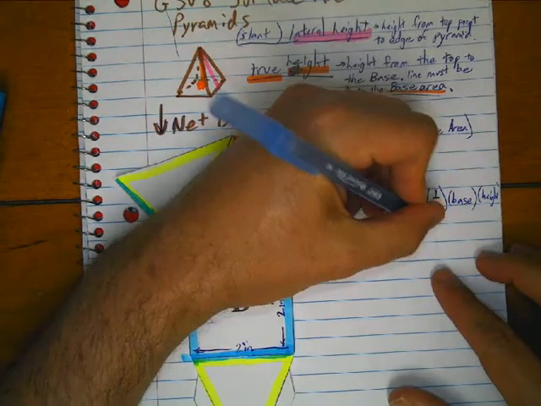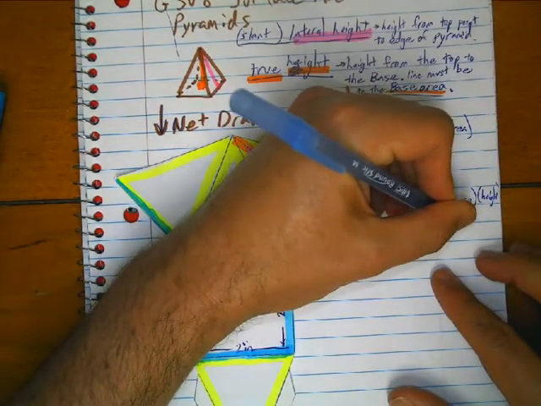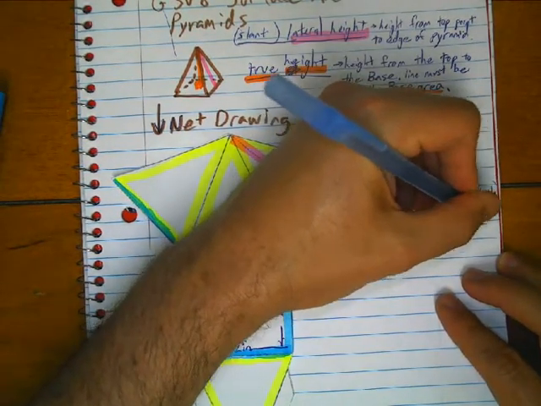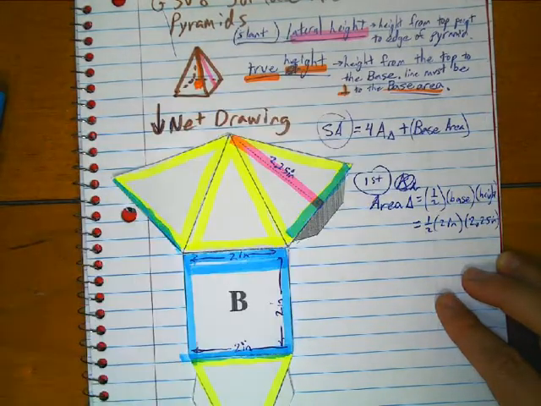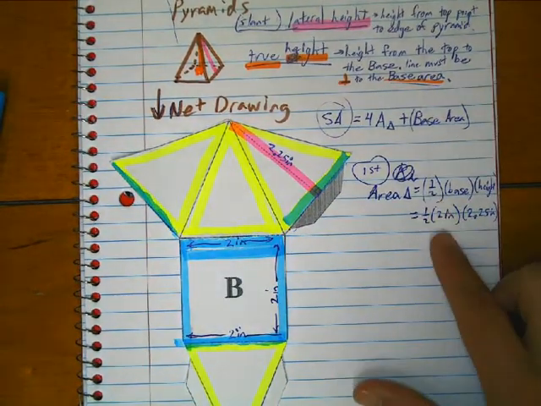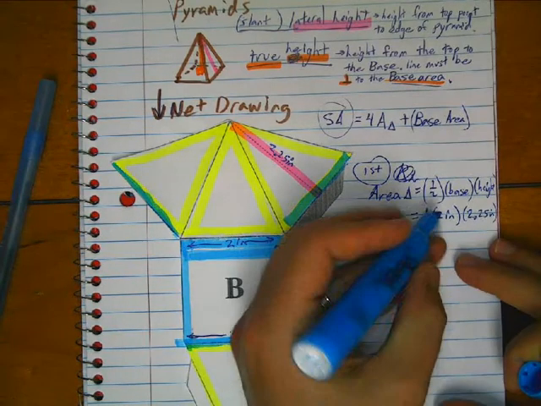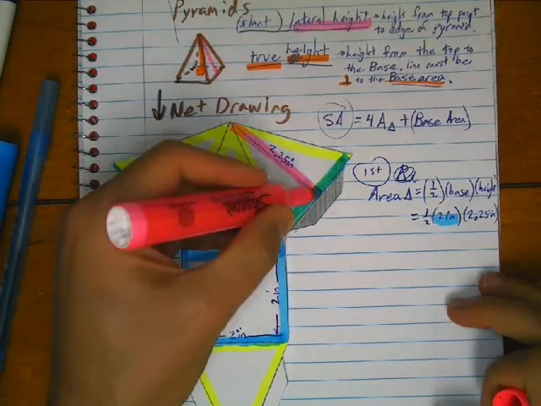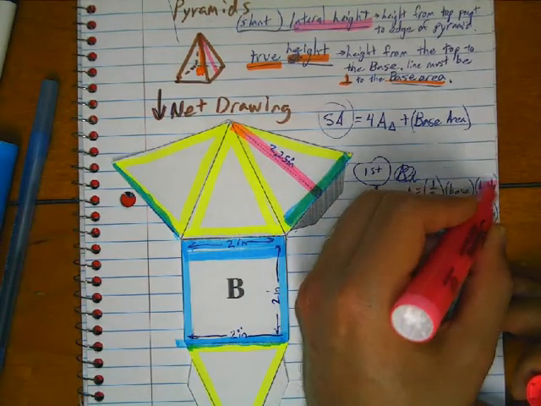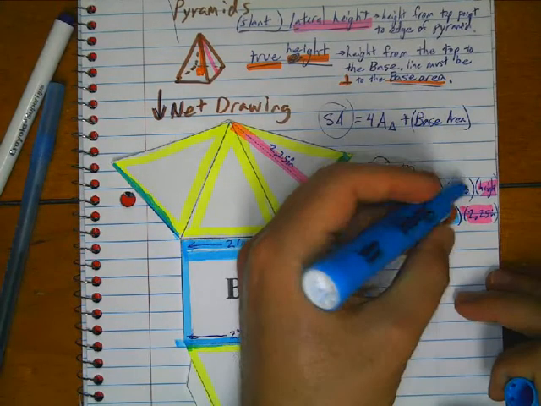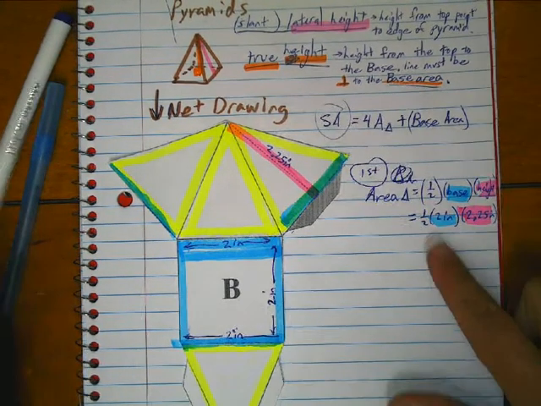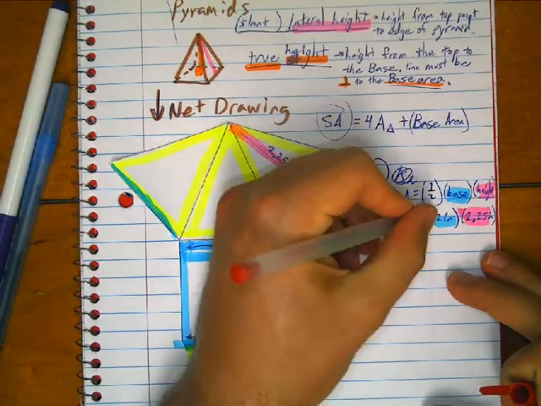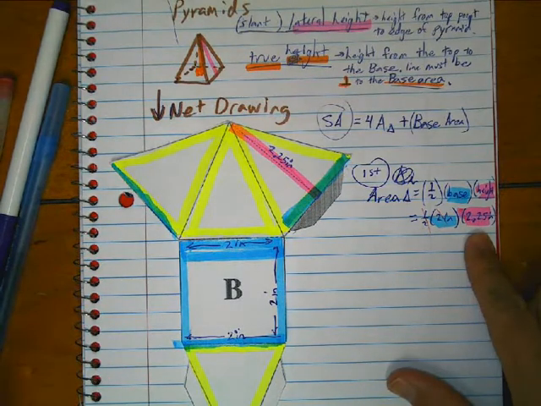So 1/2 times 2 inches, and the height is 2.25 inches. So 1/2 times 2 inches, which is this line here, and the height is this pink line right here. Well, 1/2 of 2, that cancels out, right? And so the area of the triangle here is 2.25 inches squared.